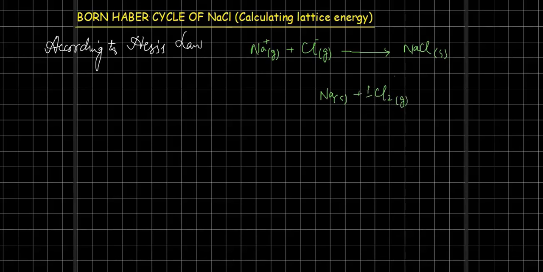So balancing the equation, this is the direct step where sodium and chlorine combine to form the ionic lattice of sodium chloride, and the enthalpy change at the standard condition of formation.